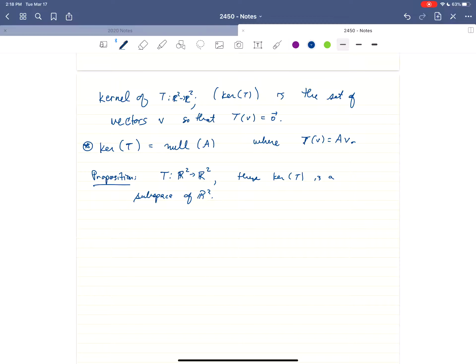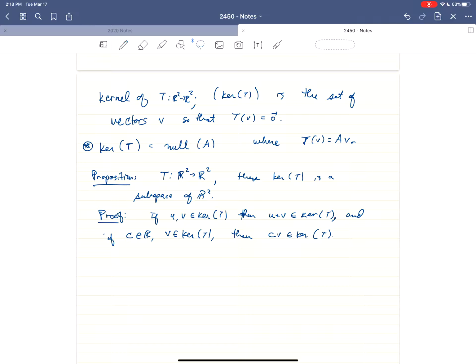To prove that something is a subspace of R2, we just have to prove that if, say, U and V are in the kernel of T, then U plus V is in the kernel of T. And now we need to show that if C is a real number and V is a vector in the kernel of T, then CV is in the kernel of T. By the way, what I mean when I say if is that if this is the case, then that suffices in showing that the kernel is a subspace.